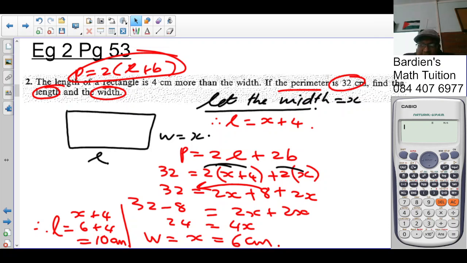These are the sums that you should be able to answer now. 6, 7, 10, 15, 16, okay, so you sorted?